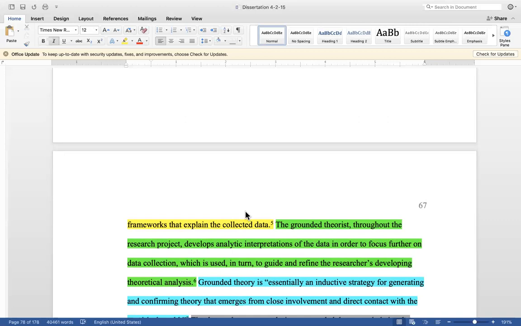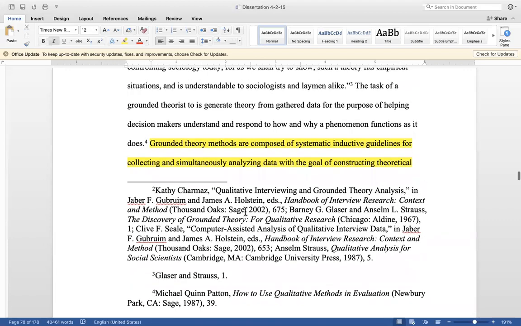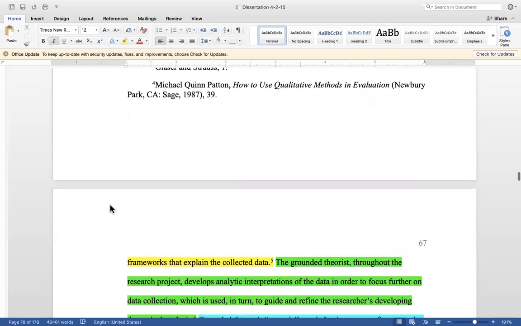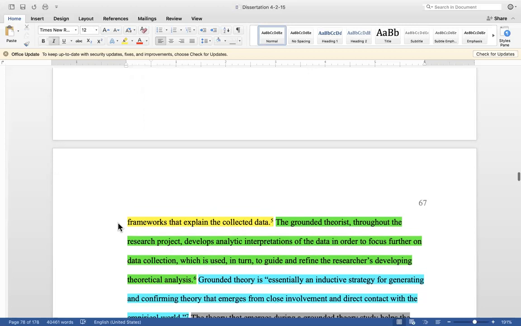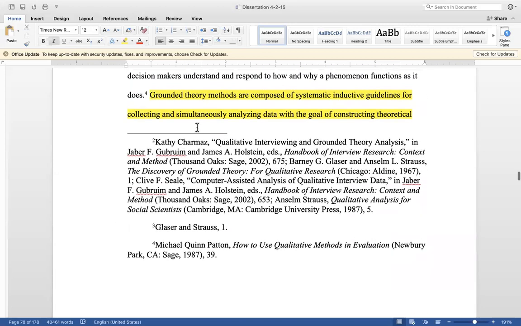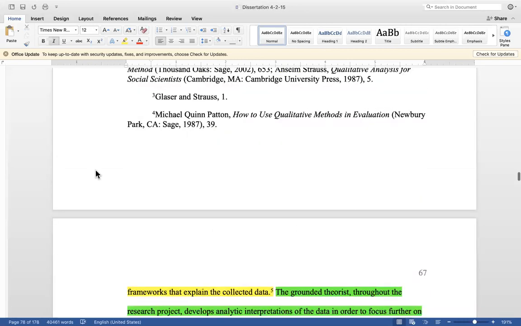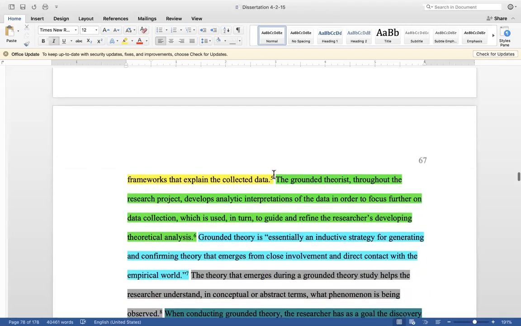So even though the idea started on this page, the superscript number doesn't go on that page because the superscript number goes at the end of the idea or the end of the sentence. So if the professor wants to know, where did this student get this idea about grounded theory methods? The professor would say, oh, the student is telling me that they footnoted that information in footnote number 5.